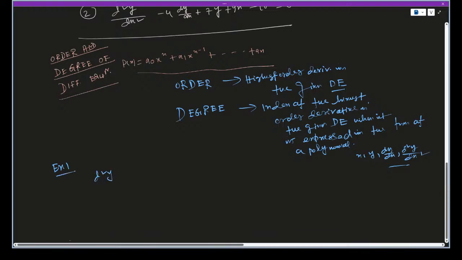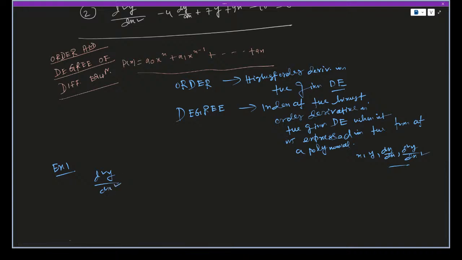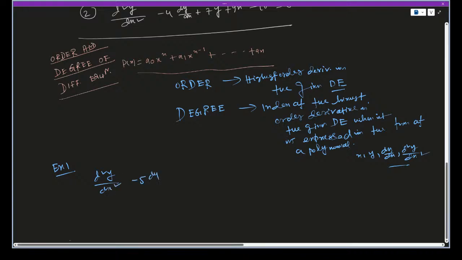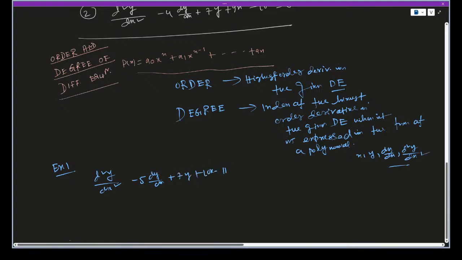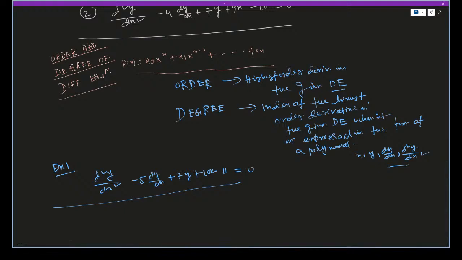Like d square y by dx square, 5 dy by dx, 7y. This is expressed in the form of polynomial. If you take some terms on the right side, you will understand better.